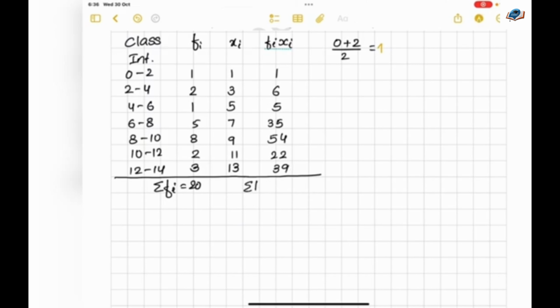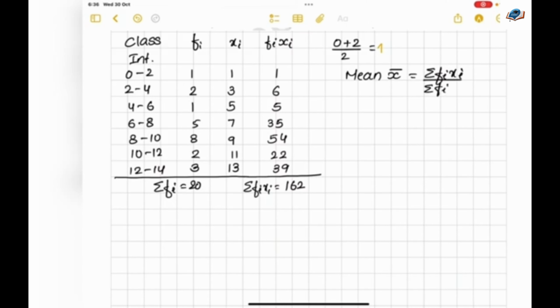So if I do sigma fixi, I am getting 162. So he has asked me to find mean. So mean by direct method, that is x bar equal to sigma fixi upon sigma fi. So that will be 162 by 20. So that is coming as 2.1.